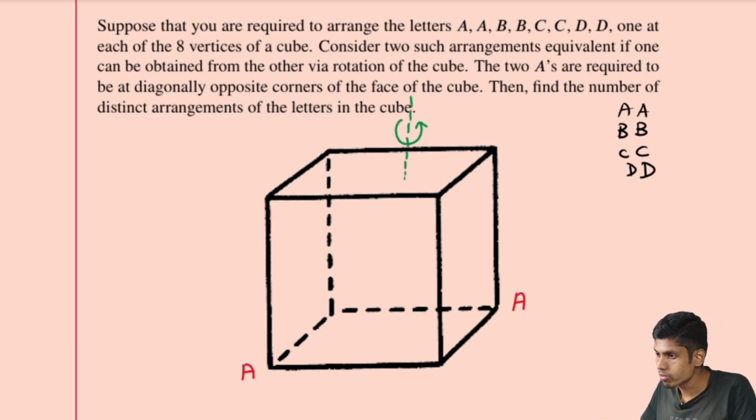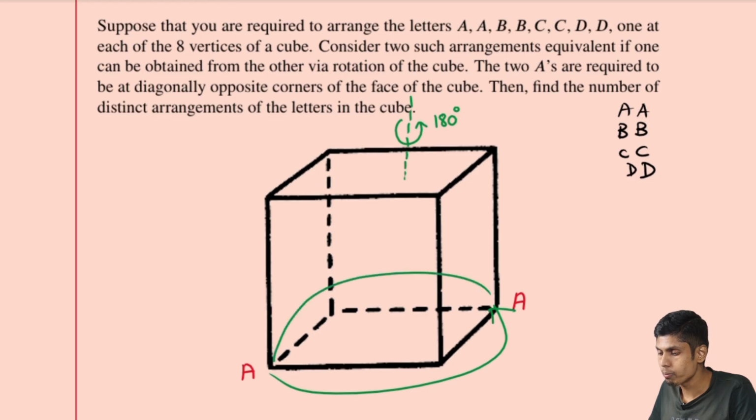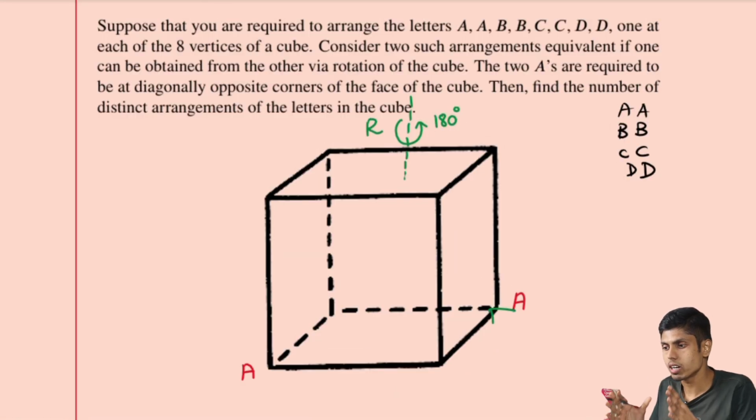Then rotation of this cube about this axis by 180 degrees will take this A to the other A and the other A will come back to the original A. This will give you the identical configuration, but we should not count it differently. We should be cautious about it. So we will consider only this rotation now, because all the other possible rotations will definitely move the positions of A that we have assumed in the start.